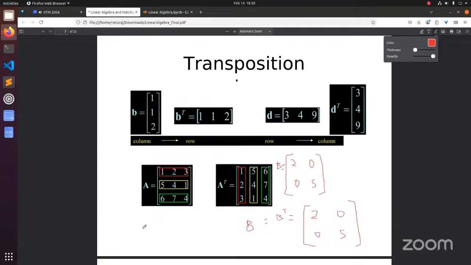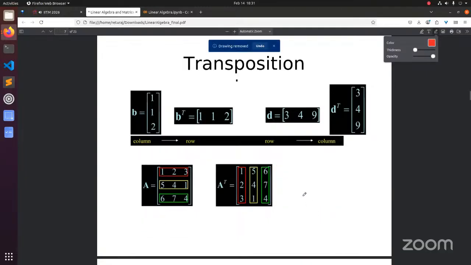Right? Yes, sir. Can we also say, is A transpose equal to A? Is this true? So, can we say for any matrix C, that C transpose will always be equal to C?